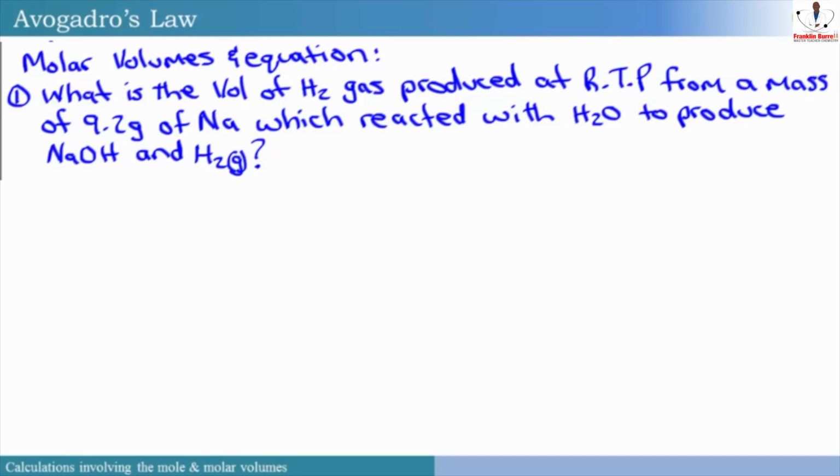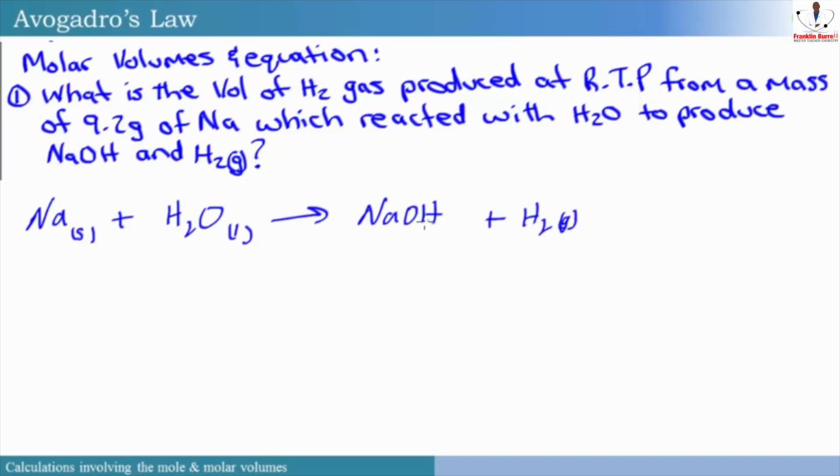This is from a mass of 9.2 grams of sodium, which reacted with water to produce sodium hydroxide and hydrogen. The same principles that were applied before, we will use now. So we write our equation: sodium plus water produces sodium hydroxide plus H2.